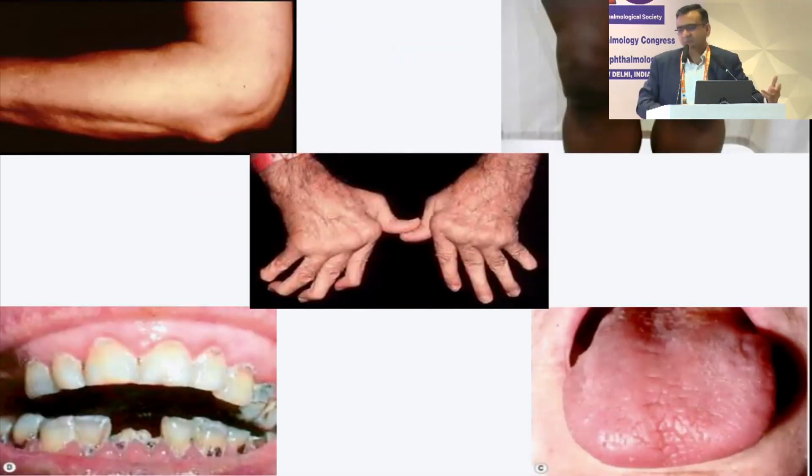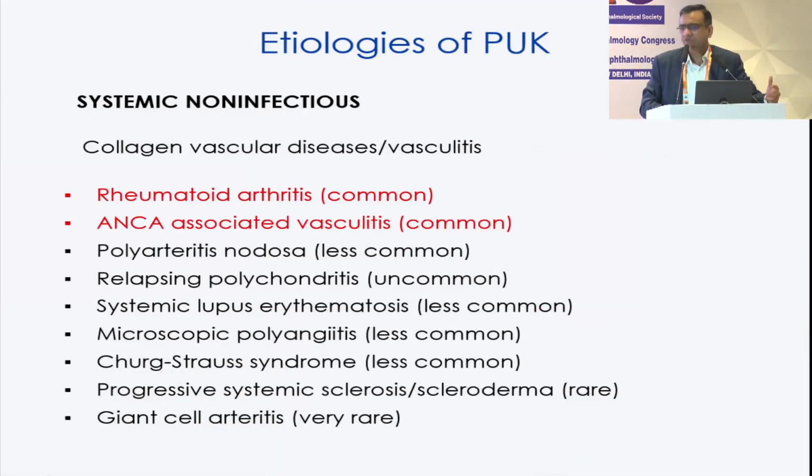So these are the typical signs that you look for. You look at the joints, you look at the skin, you look for nodules, you look at the teeth, the salivary function, and then you also ask if the patient has any visceral involvement. Why? Because we know that a lot of etiologies of peripheral ulcerative keratitis do have systemic correlates, and the commonest that we see in our clinics is rheumatoid arthritis.